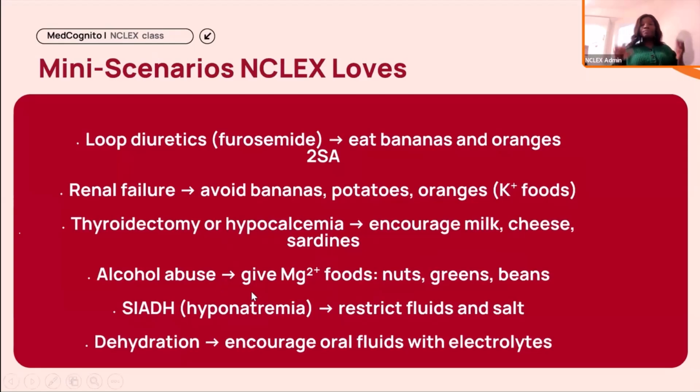And remember the food ingredients, because NCLEX loves it. If a client is on loop diuretics, what should you do? Client with renal failure, what should you avoid? Client who has had thyroidectomy and has low calcium, what should you do? Client who's abusing alcohol, what should you do? SIADH with hyponatremia, what are you going to do? Restrict fluids and salt, and then dehydration.